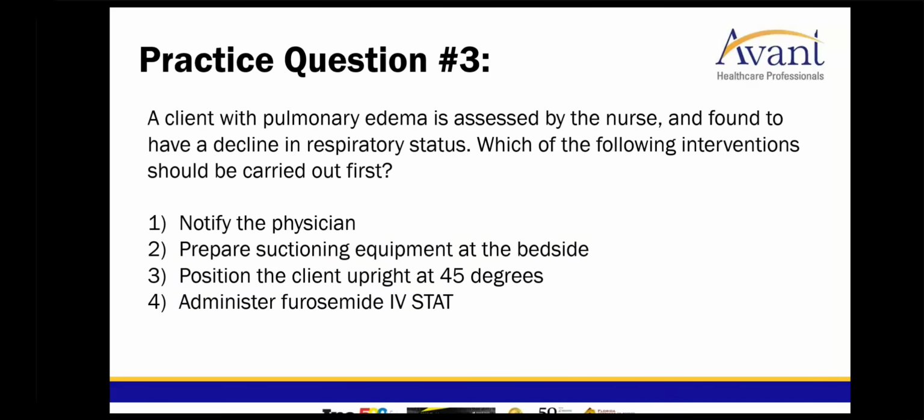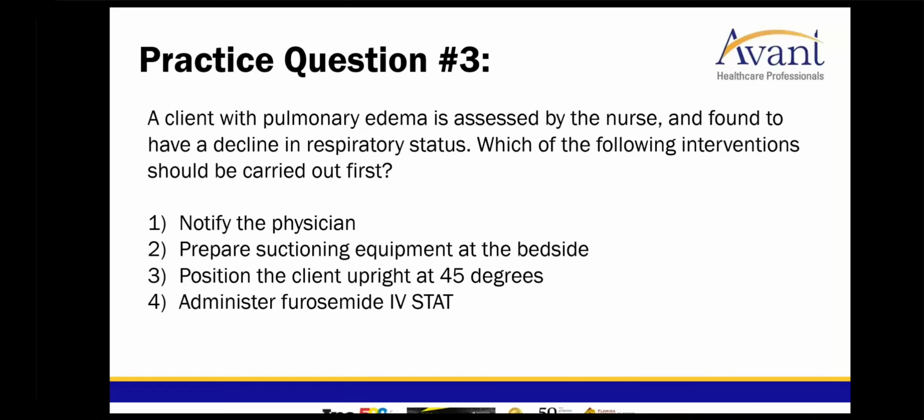Question number 3. A client with pulmonary edema is assessed by the nurse and found to have a decline in respiratory status. Which of the following interventions should be carried out first? All right, so number 1 says to notify the physician.